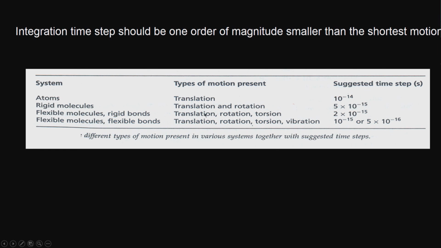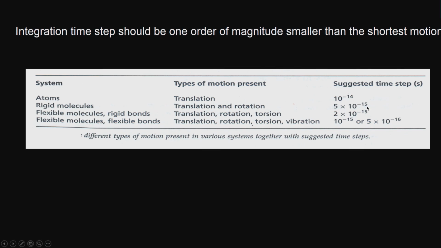If you are looking at translation, rotation, with this time step, the number of calculations is going to be very, very large. So, normally when we do a molecular dynamics study, we do not go to seconds or milliseconds, we stop much lower, at picoseconds, because the total number of steps is going to be very large. And especially if you are talking about flexible molecules, with translation, rotation, torsion, the number of calculations is going to be very large.